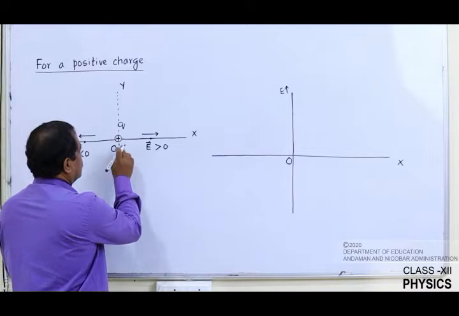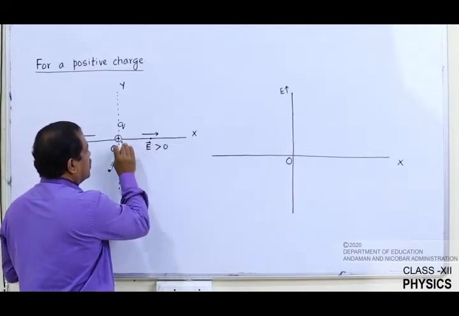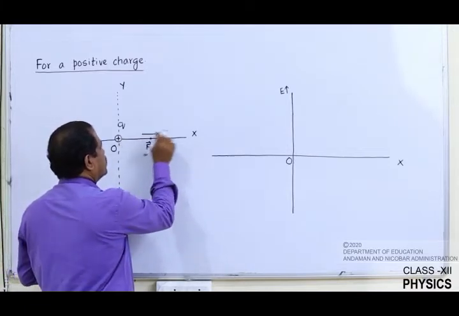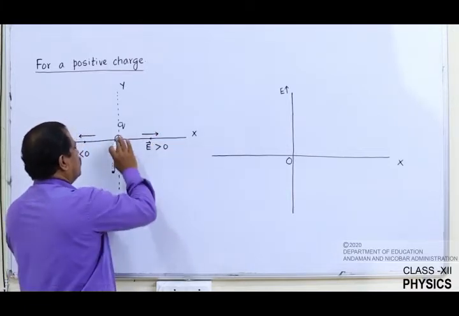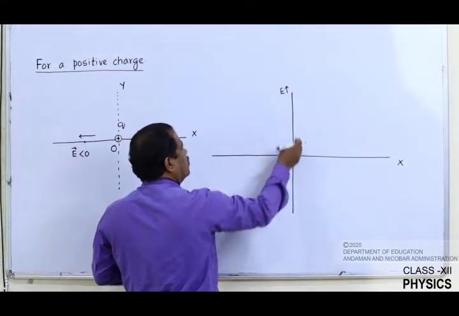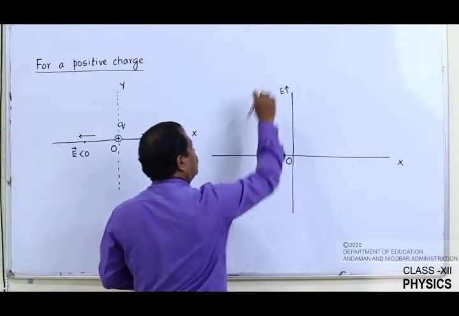If I consider any point on the right of the origin, the electric field is pointing along this direction, which I consider as positive. So the electric field at any point is going to be represented by E above the origin.